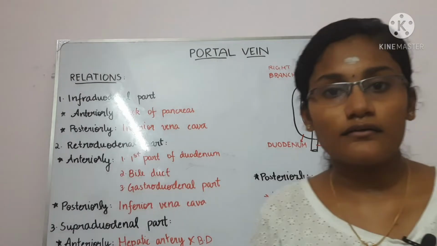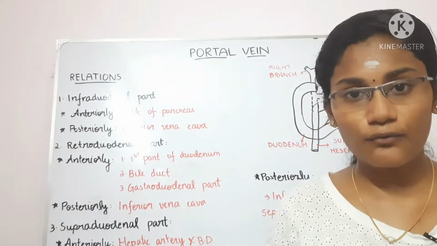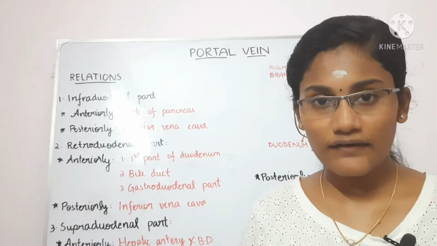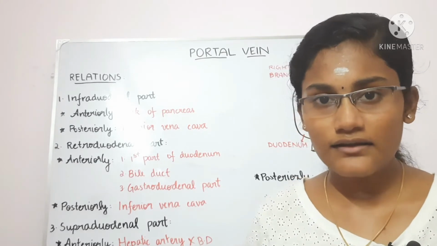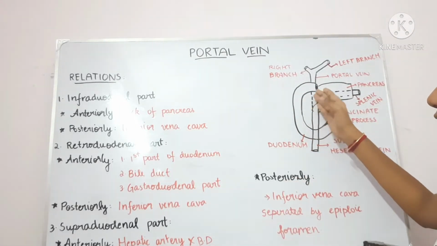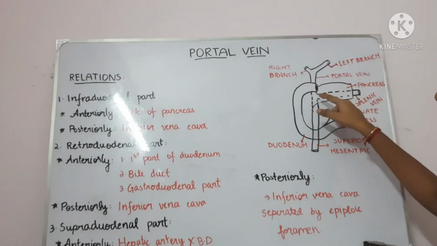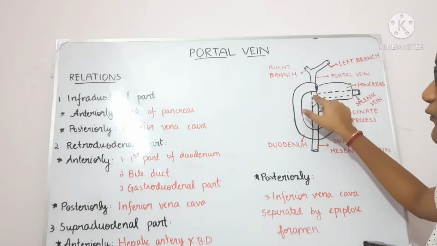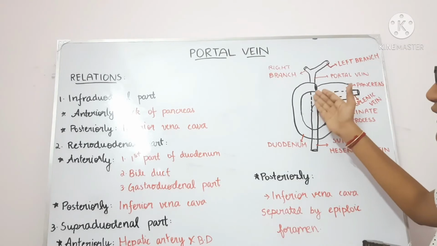Now talking about the course the portal vein takes. The portal vein is formed at the neck of the pancreas, and the first part of the portal vein is present under the neck of the pancreas. The second part of the portal vein goes below the first part of the duodenum.